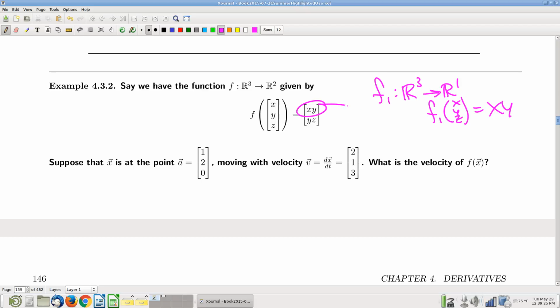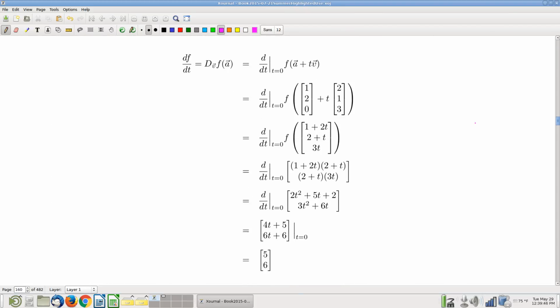So just that first component. If I were to compute the directional derivative at this point with that velocity, directional derivative of this component function, xy, being as it is the first component of the function I just computed, I would get just, well, the first component of this output directional derivative. I would get just 5.